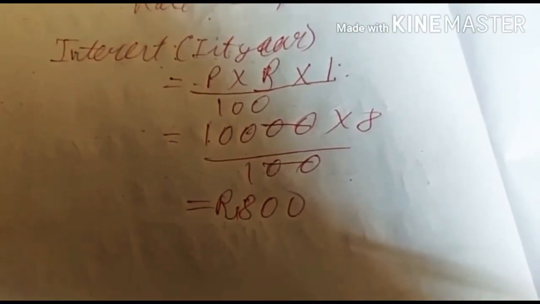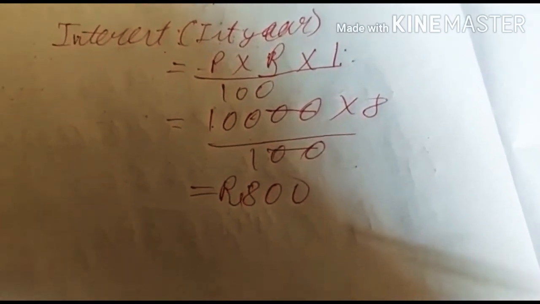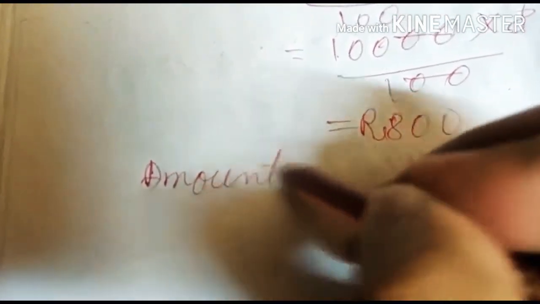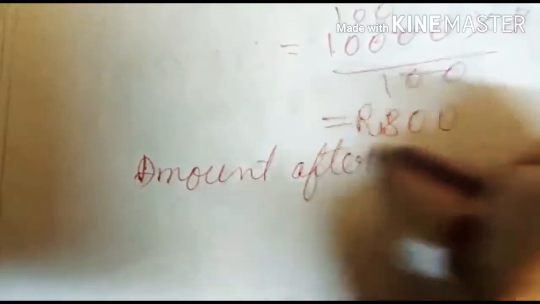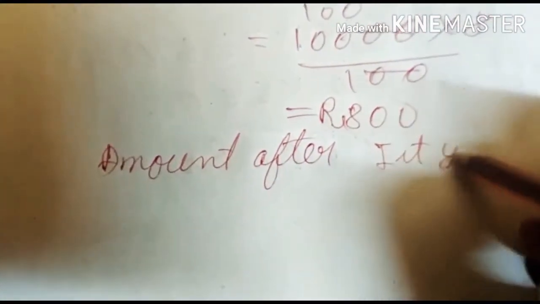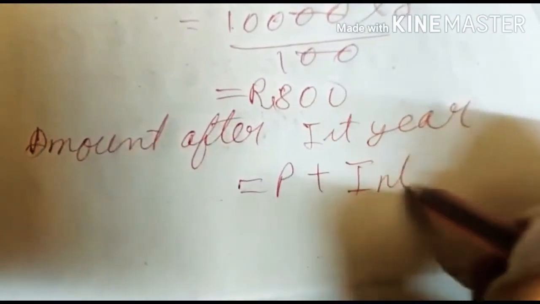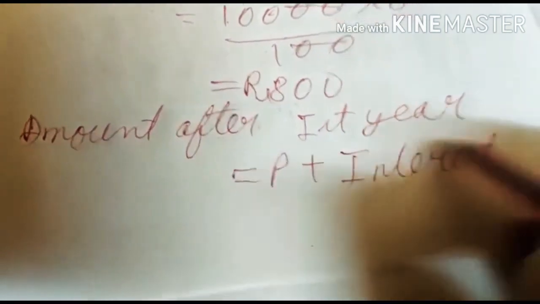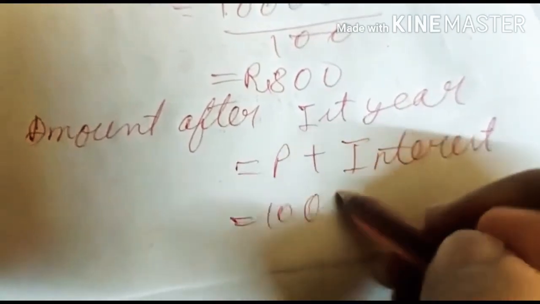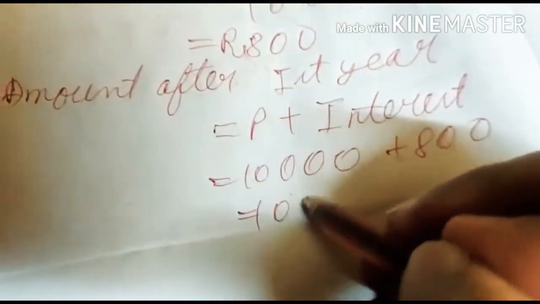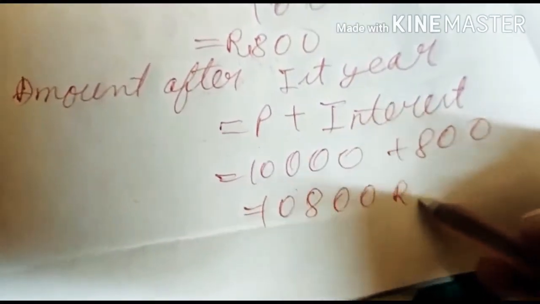So now what is the amount that we have to return? Amount after first year is P plus interest. P here is 10,000 plus 800, so it is 10,800 rupees. It is the amount that we have to return after the first year.